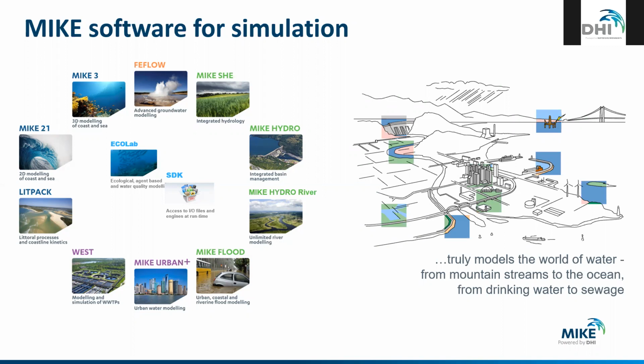So within MIKE SHE, there is an overland flow solver, river channel solver, and unsaturated flow, and a 3D finite difference groundwater solver. And these domains are dynamically coupled internally within the software.